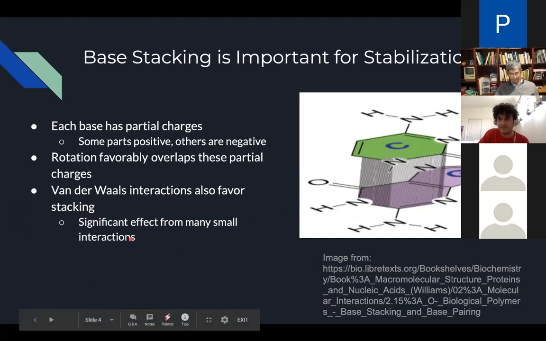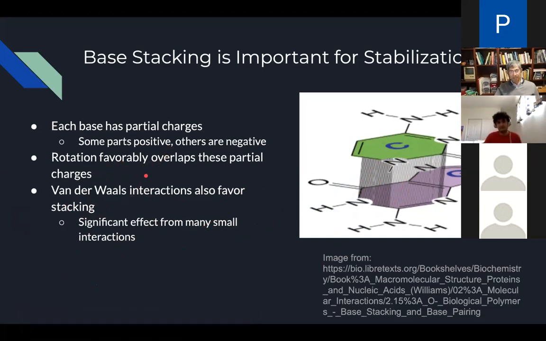I had a question on the overlapping partial charges. Yep. So when you have the overlapping base pairs like you have in the picture, will it always overlap favorably like that, no matter the pair? So I can't tell you too much because I'm not too sure myself, but I know depending on which pair or which bases are on top of each other, you'll have different parts overlapping with each other.